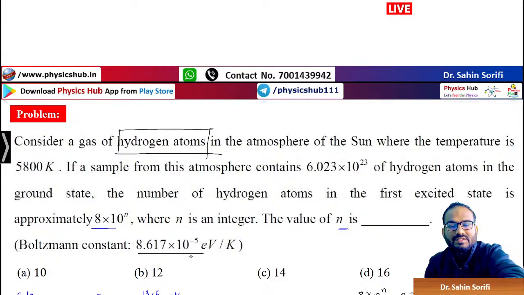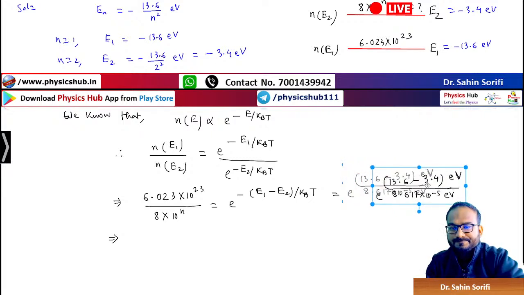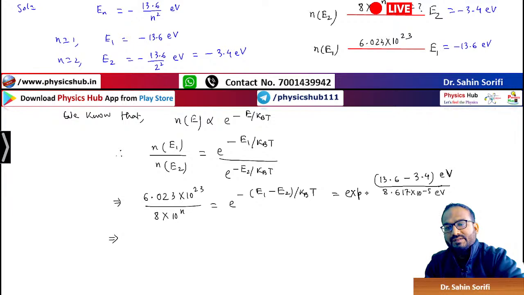Boltzmann constant is 8.617 × 10 to the power minus 5 electron volt per Kelvin. Let's keep it in exponential.